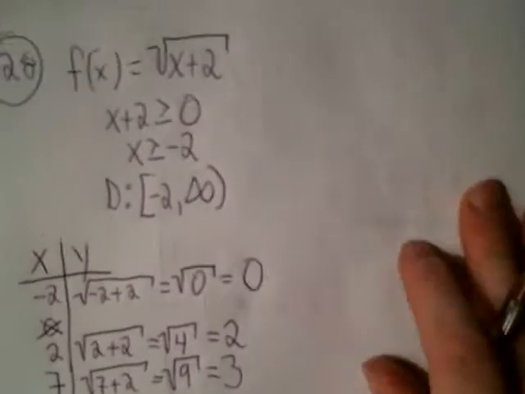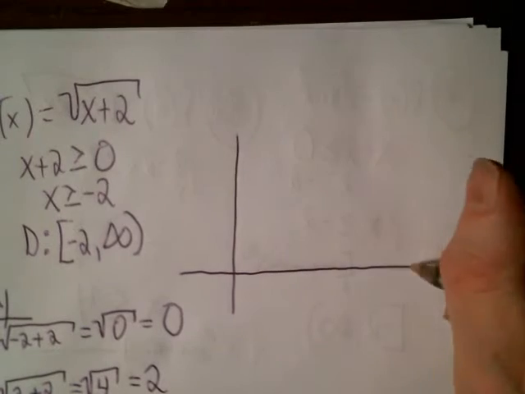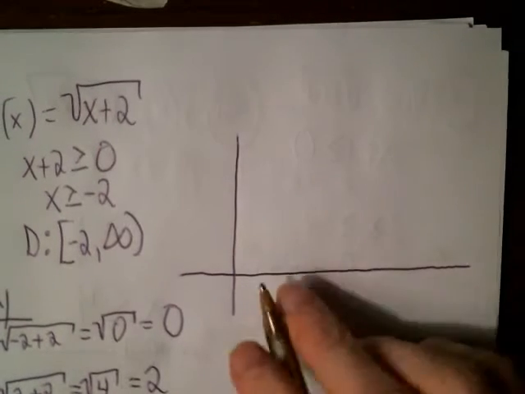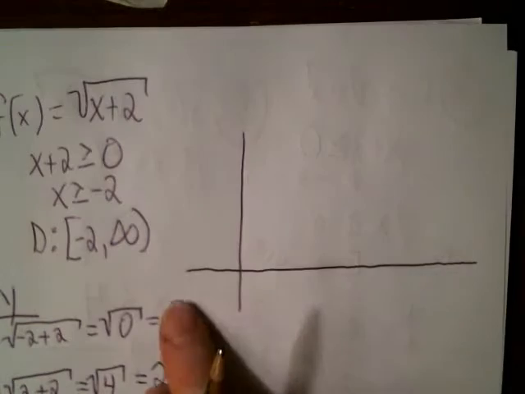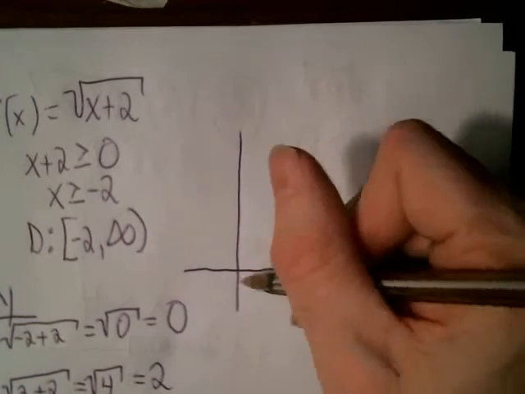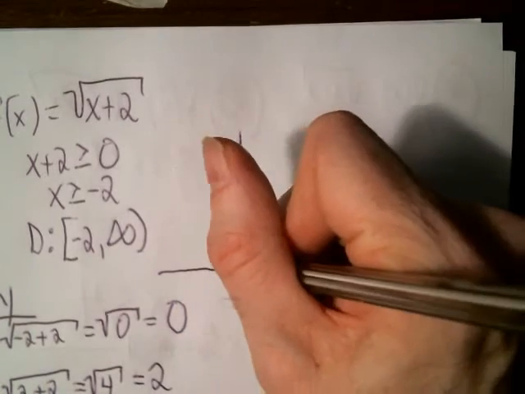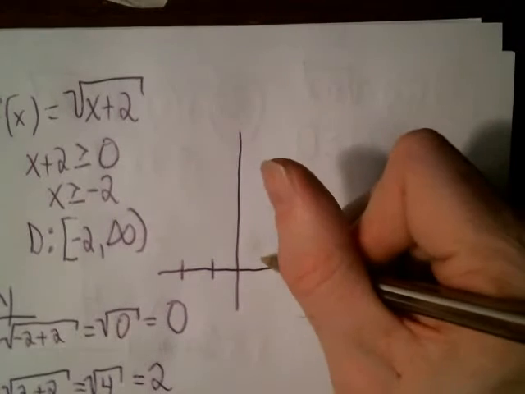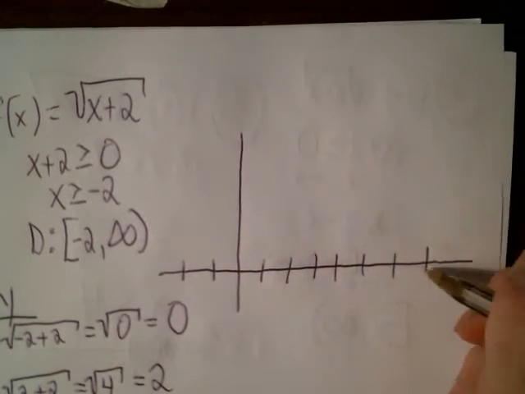Okay, so finally I can go over here to my xy plane. It's going to mainly be in the first quadrant, so I put a lot of room in that first quadrant. Remember, this is the first, second, third, fourth. I want to go to negative 2, so 1, 2, and then out to 7: 1, 2, 3, 4, 5, 6, 7.